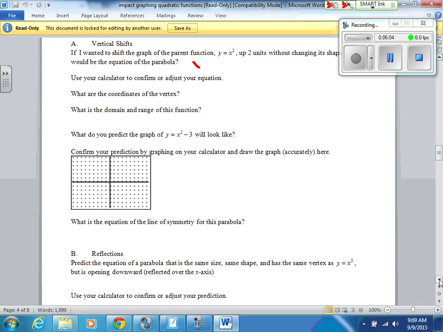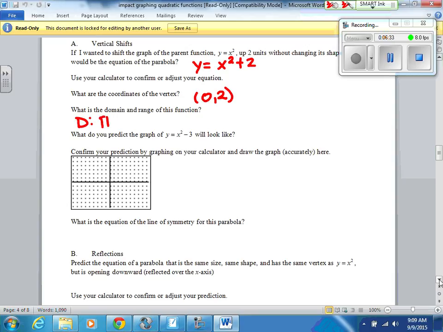Y equals x squared plus c. Exactly. So what would be the coordinates of the vertex here? 0, 2. What's the domain? Right?